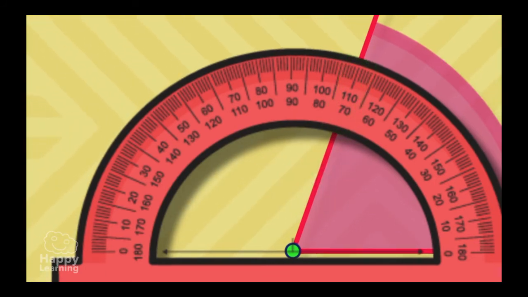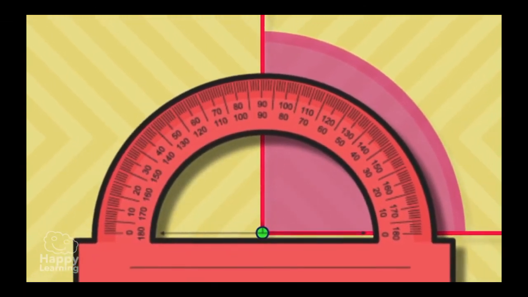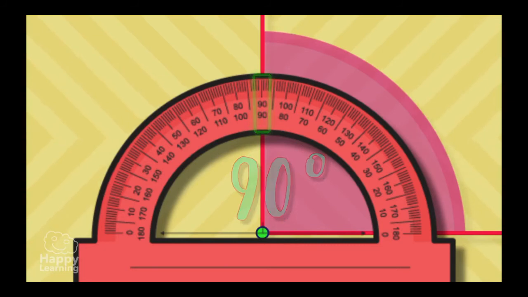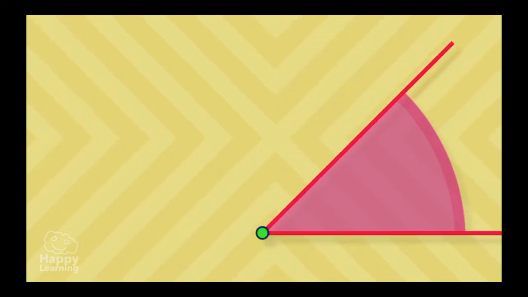Let's practice. We said that a right angle is 90 degrees. Let's get the protractor, and indeed, a right angle is 90 degrees. We haven't fooled you, huh? Now, let's measure this angle.